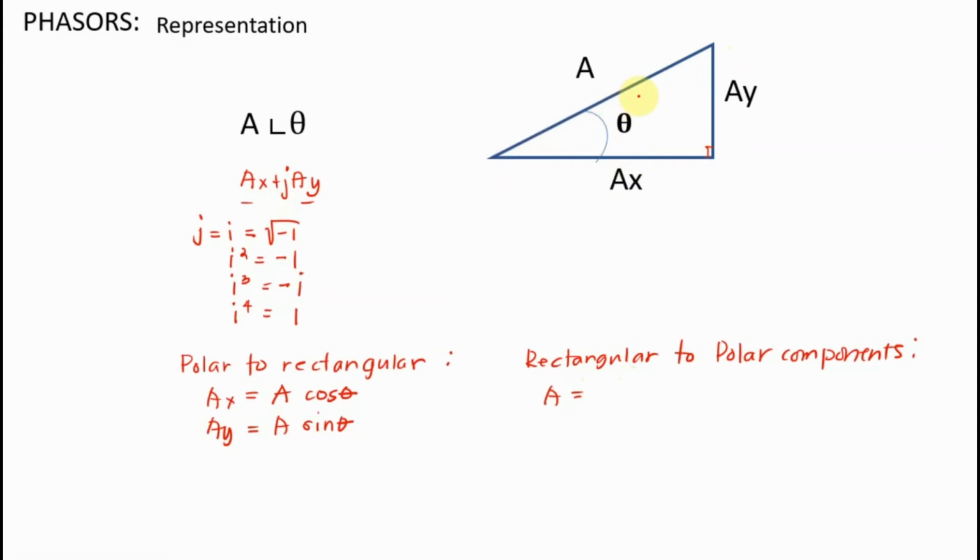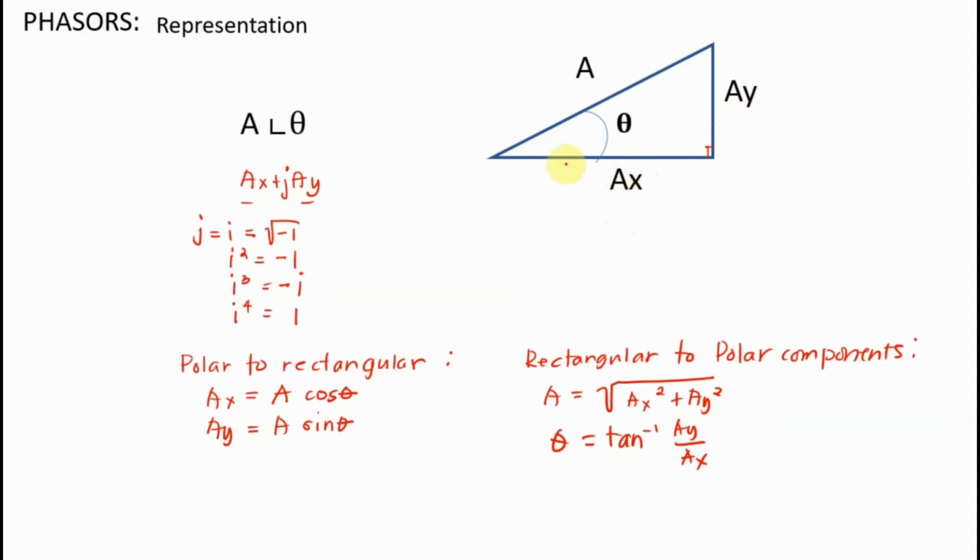To be able to get the hypotenuse, we know that that is A, by the Pythagorean theorem, the square root of AX squared plus AY squared. And our theta can be computed as the inverse tangent of AY over AX, because tangent theta is opposite over adjacent. So if you're going to get the angle, you just get the inverse tangent of that.